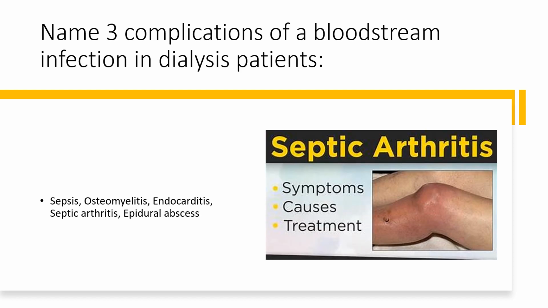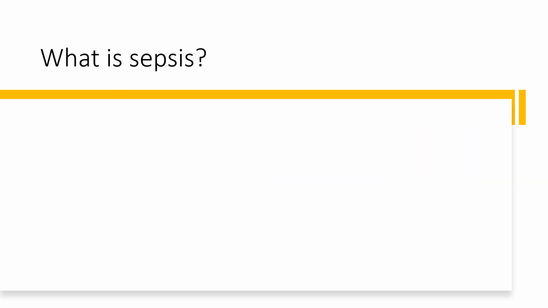That's correct. So sepsis, again, we had 6 patients this past month at our unit who have had sepsis, osteomyelitis, infection of the bone, endocarditis, infection of the heart valves, septic arthritis, infection of a joint, and epidural abscess. Question number 4, what is sepsis?